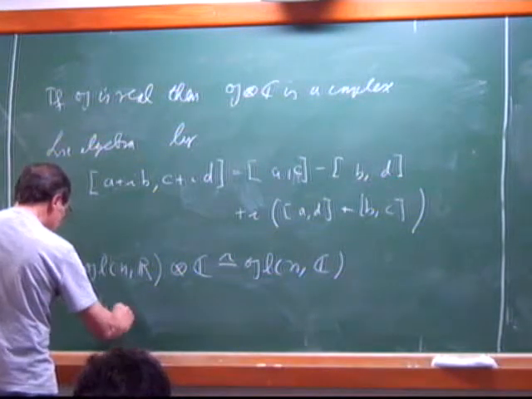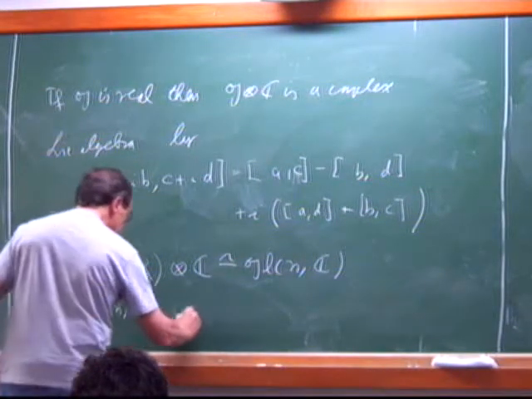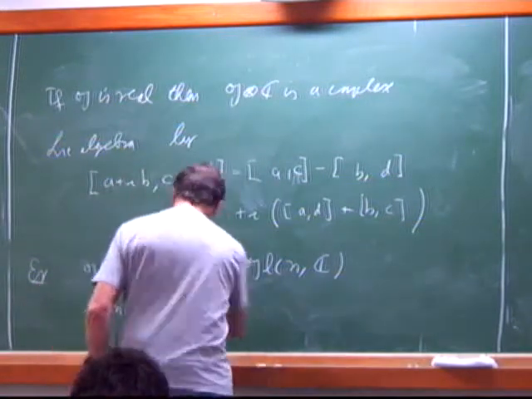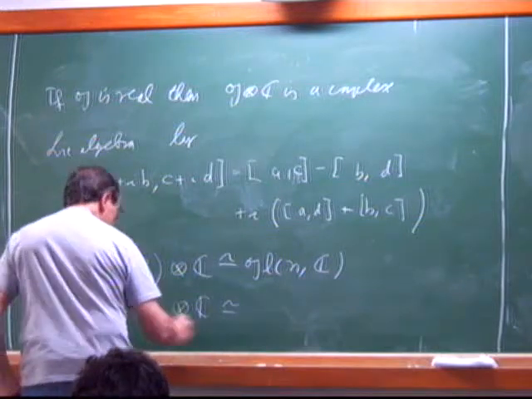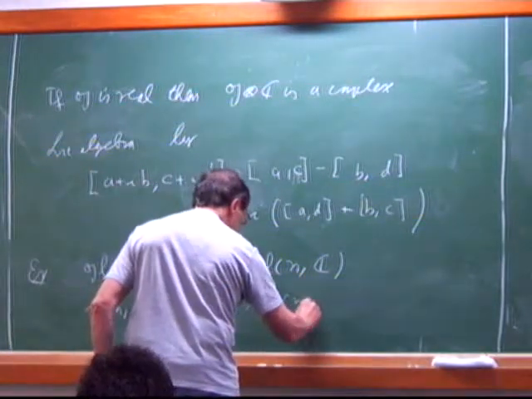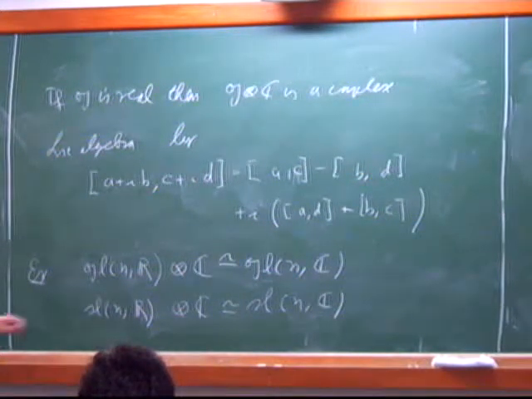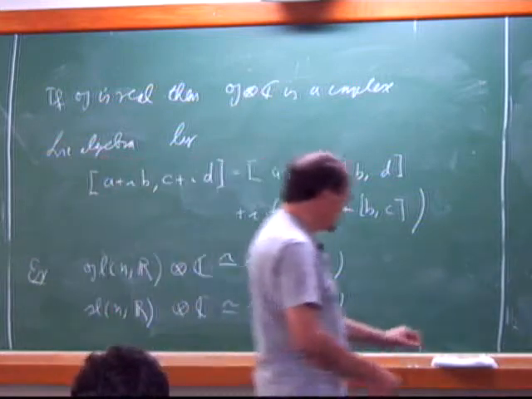Similar for all the other ones that are easily defined. The complexification of SL(n,R) is isomorphic to SL(n,C). In fact, this here is a nice fact that has all kinds of implications.